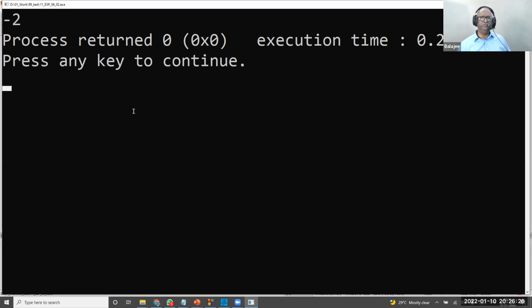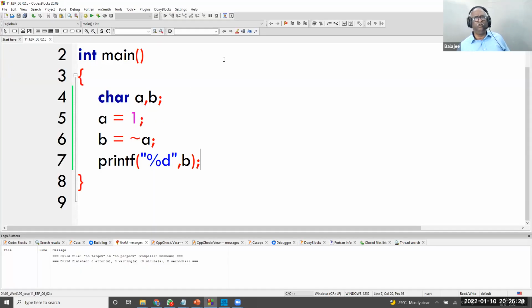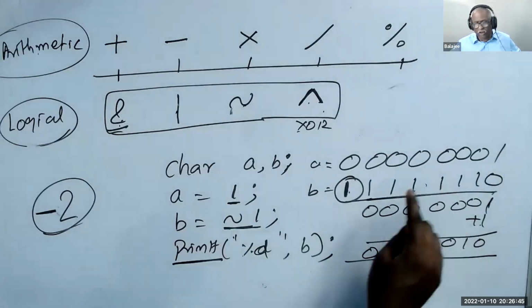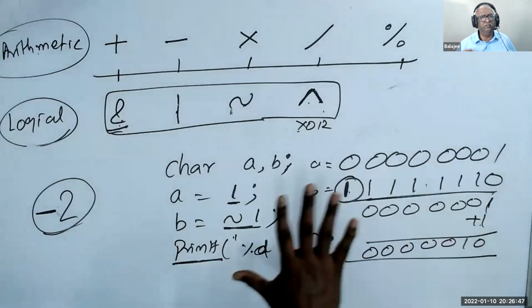You'll be surprised. But now I'm giving an explanation of what's happening. Do you understand that? Please don't get confused between what is stored in memory and what printf shows. These two are totally different.